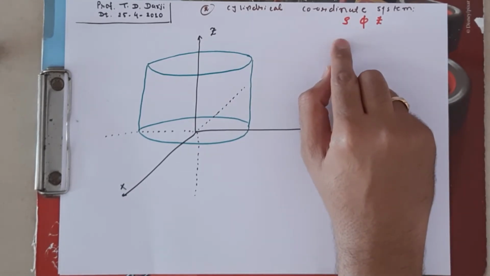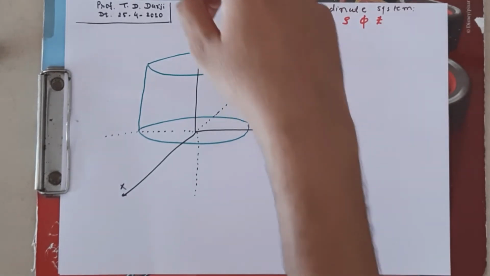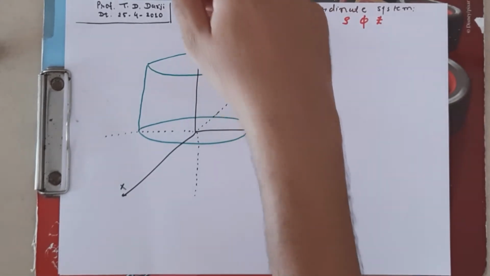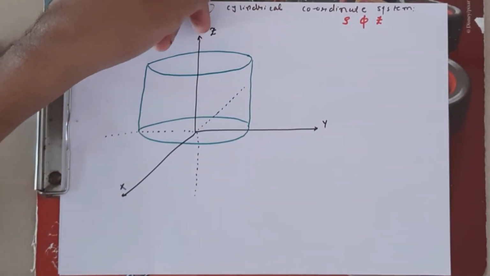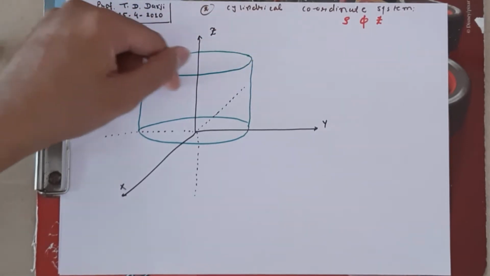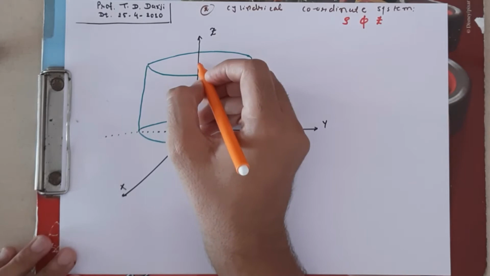Now first we will clear the idea about rho. What is rho actually? Rho is nothing but the radius of the circle of the cylinder that we see from the top side, from the z-axis. So it looks like a circle, and rho is the radius of that circle.